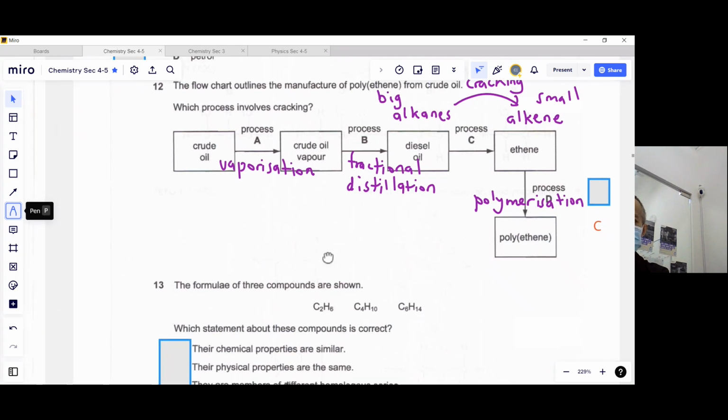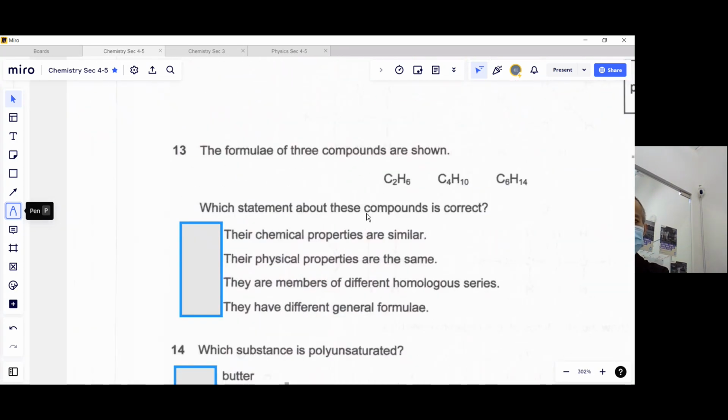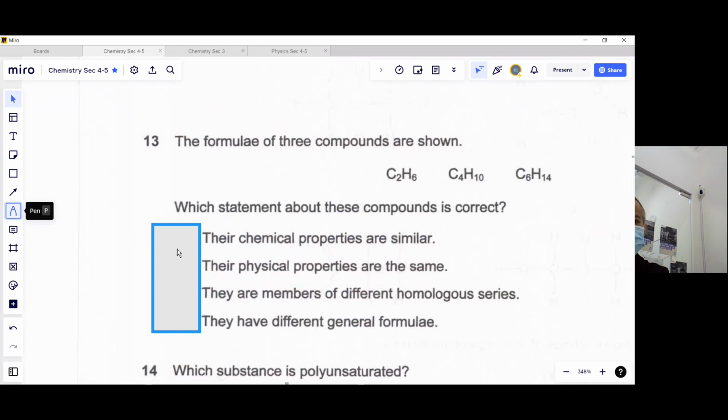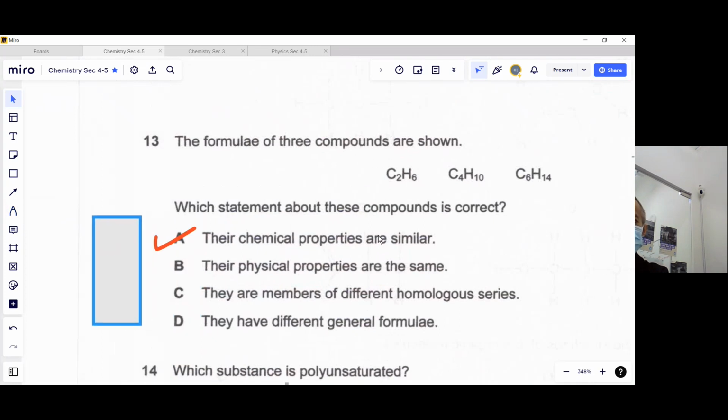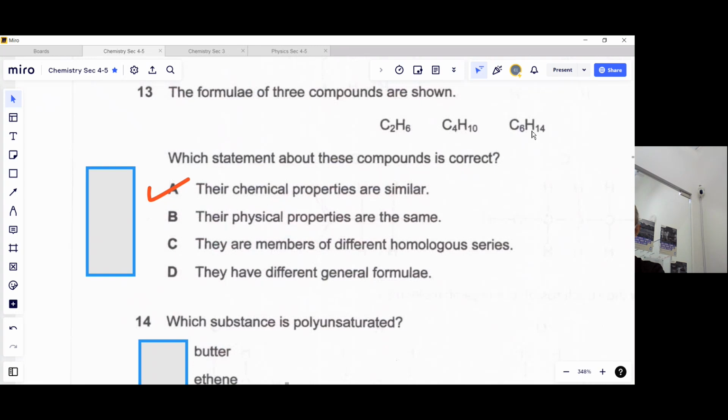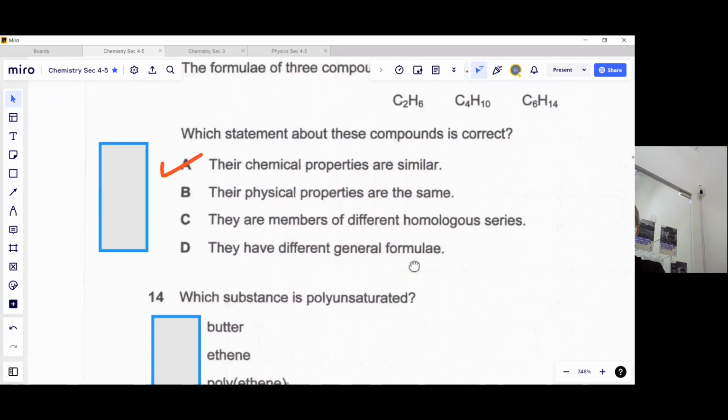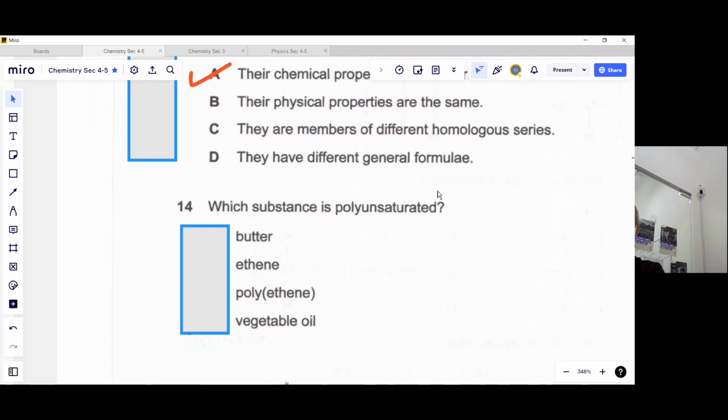Okay, number 12, number 13. Hannah? Good. Again, I hope you notice all three are alkanes, so they have the same chemical reactions. I don't think I need to write down. All three are alkanes. 14, Bernice?